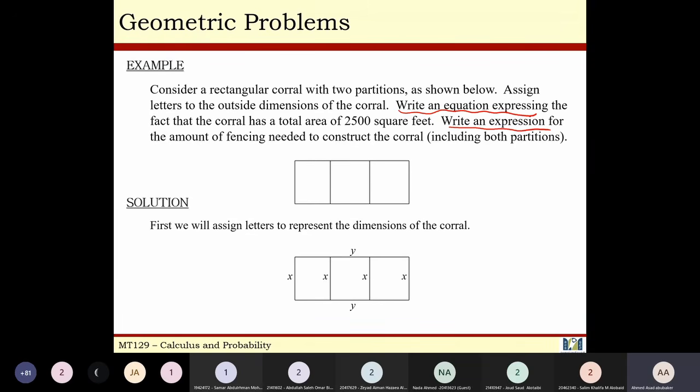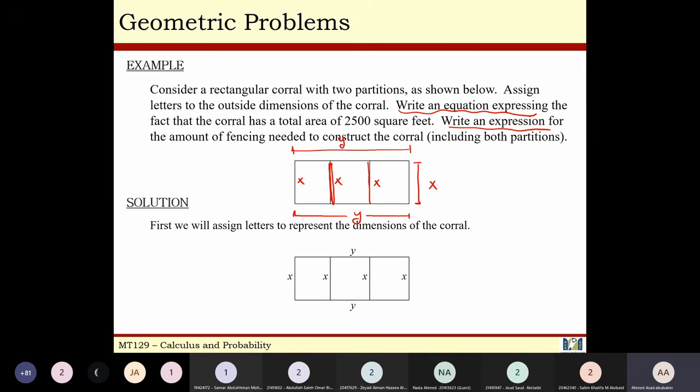اوكي، شوف هنا consider a rectangular corner with 2 partitions، هذول 2 partitions. الدايمنشن للريكتانجولار في عندي من هنا لهنا هذا y، ومن هنا لهنا x، so the partition also x and here y.